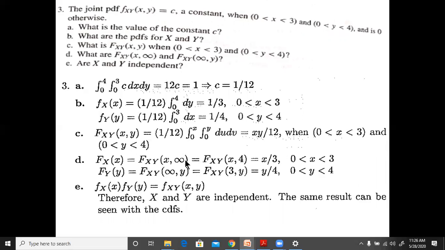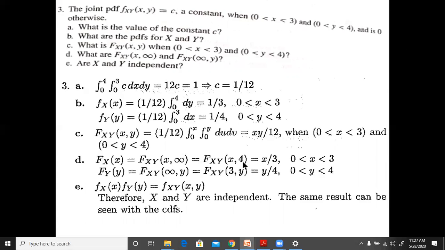So F_X(x), the single random variable distribution function, will be equal to F_XY, the joint one, with y equal to infinity. But we can't take y equal to infinity because the value of y is in the range 0 to 4.